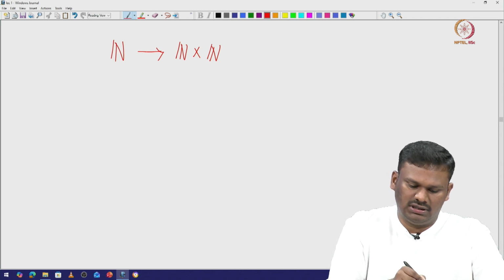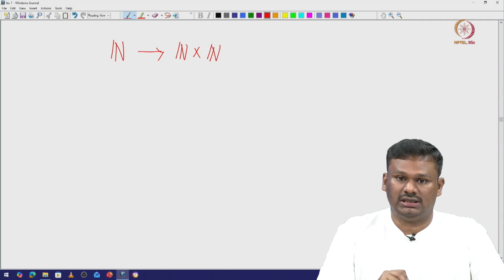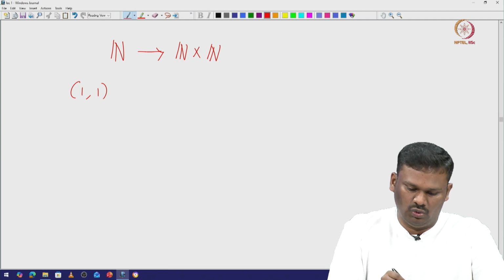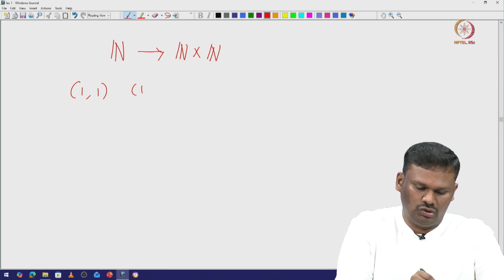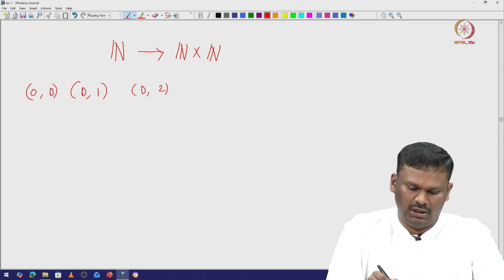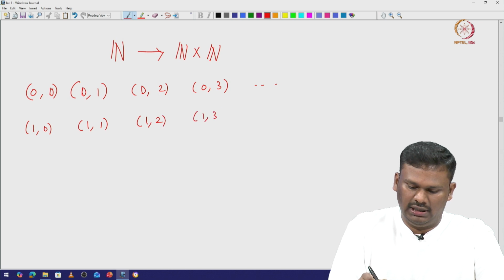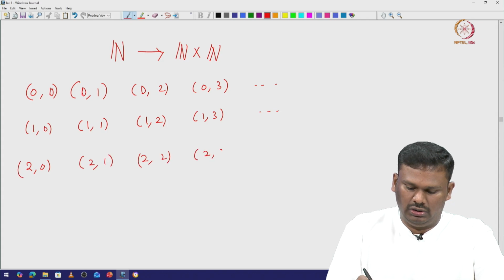To define this function, we will use the diagonalization technique. We are going to list all the elements. So, we list the elements like this: 0 0, 0 1, 0 2, 0 3 and so on, and similarly you have 1 0, 1 1, 1 2, 1 3 and so on, and then 2 0, 2 1, 2 2, 2 3 and so on.